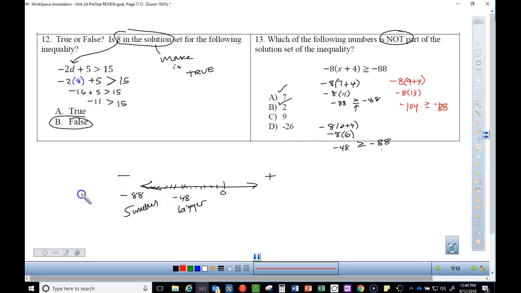Well, negative 104 would be over here somewhere, so that's even smaller. Is it greater than negative 88? No. So this is false. And if I plug in negative 26, I'm going to end up multiplying a negative and a negative number, which will be positive, which will definitely be more than negative 88. So you'll check them until you find one that is false.